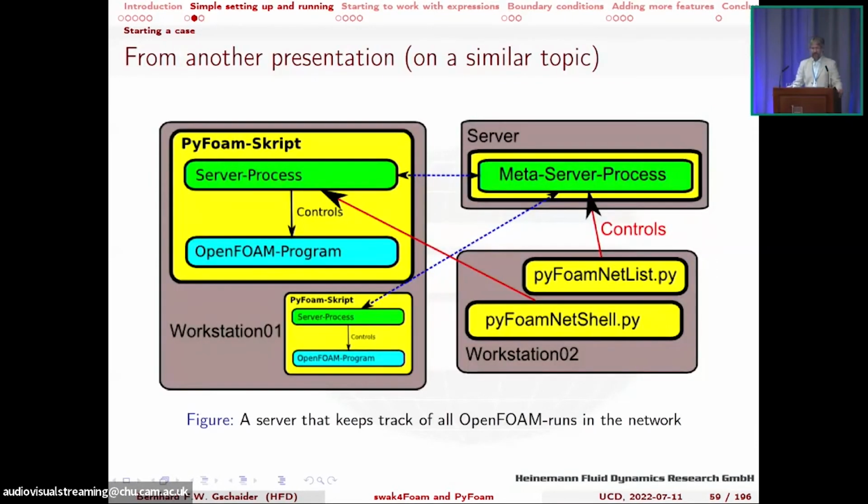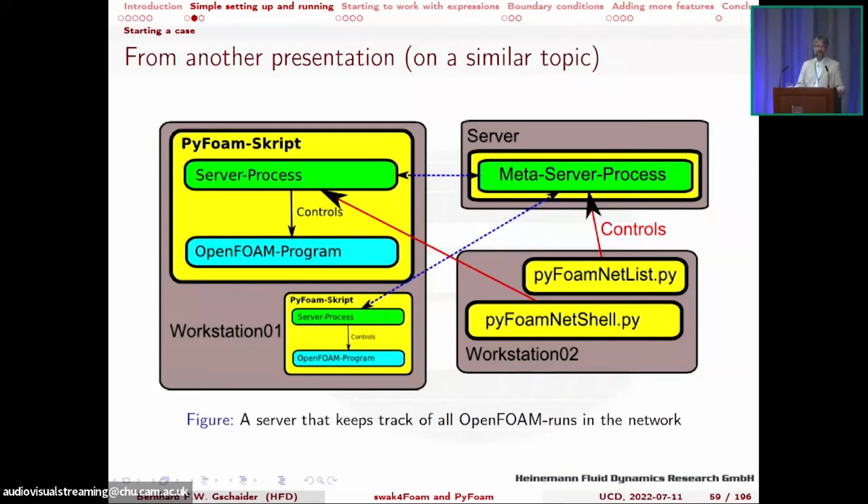There are alternate ways to control the solver. Basically, PyFoam in parallel runs a little server which you can contact through a little command line interface, where you can basically tell the solver to stop, and PyFoam then basically manipulates the control dict so that OpenFOAM writes out the last time step and stops after the time step.